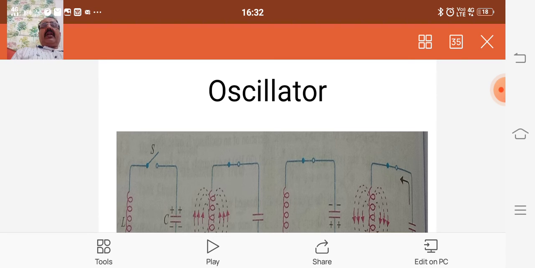Audio frequency and radio frequency signals are required for the repair of radio, television and other electronic equipment. Oscillators are also widely used in radar, electronic computers and other electric devices.